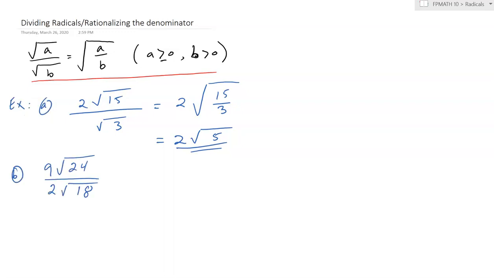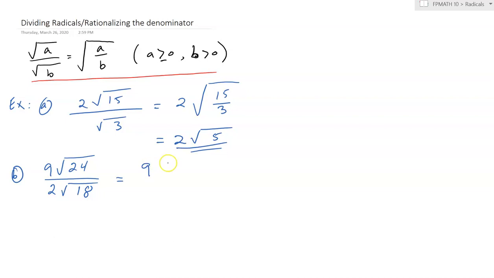All right, next question. 9 root 24 divided by 2 root 18. All right, so let's go through that. This one, same idea again. To make it a little bit simpler, we have to change it to the mixed radicals. So let's do that. So 9 is outside.